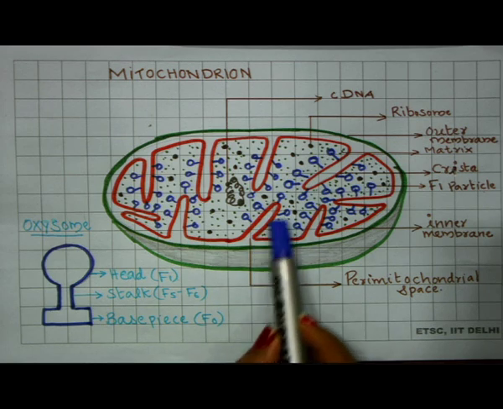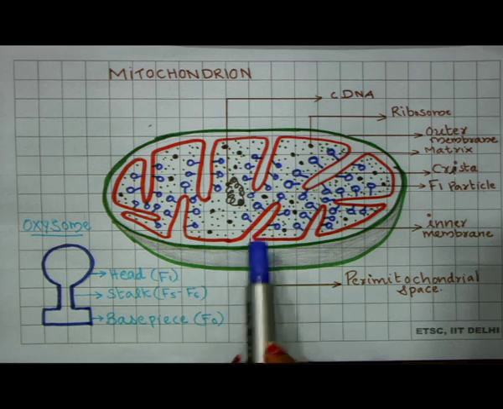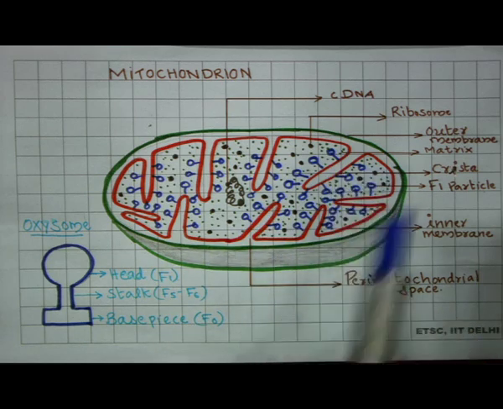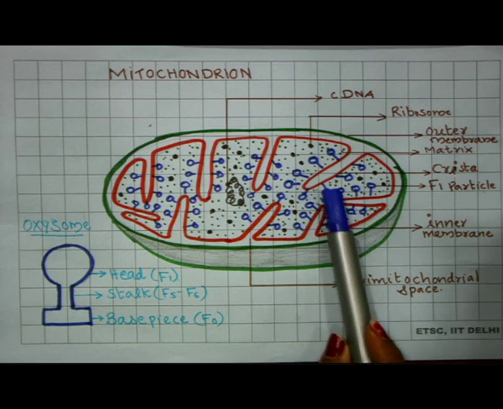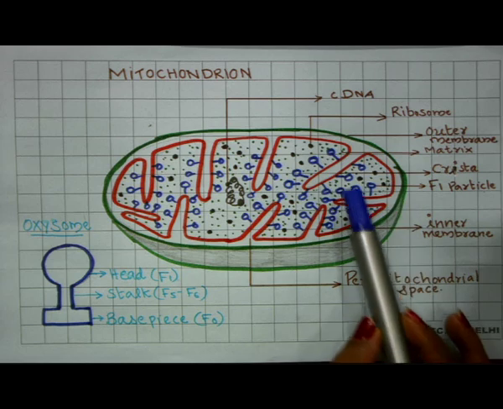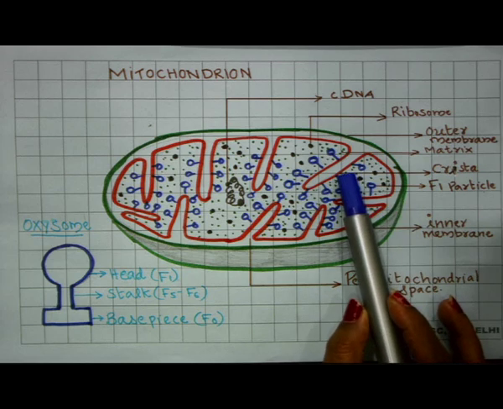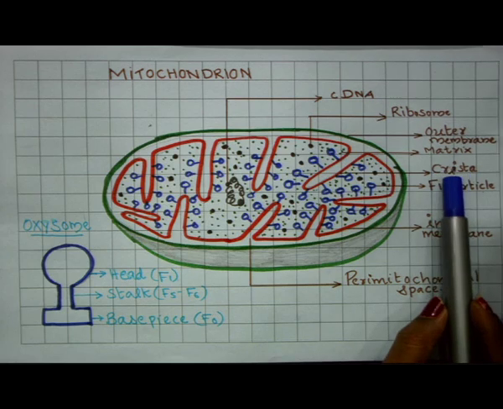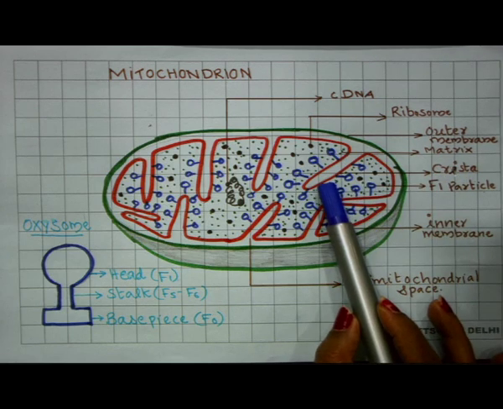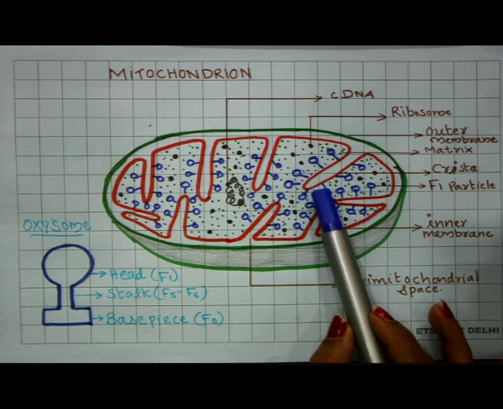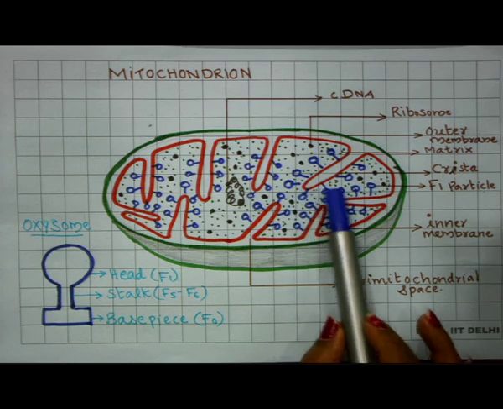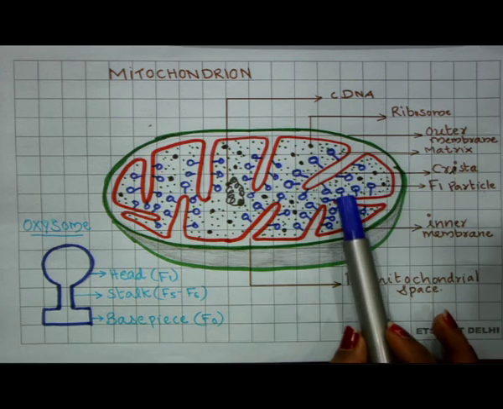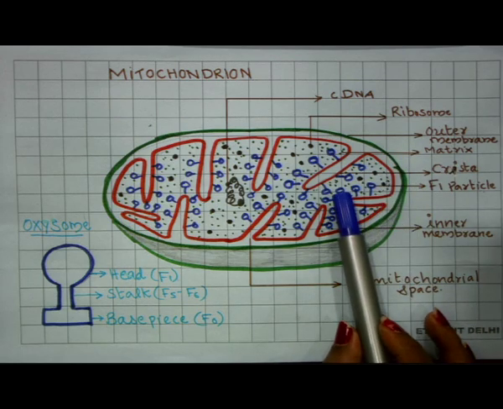Now, there is one more interesting thing when you observe the inner mitochondrial membrane. Here you can see finger-like or tubular projections, and these we call cristae. They are needed for increasing the surface area for the metabolic activity, the respiration rate.